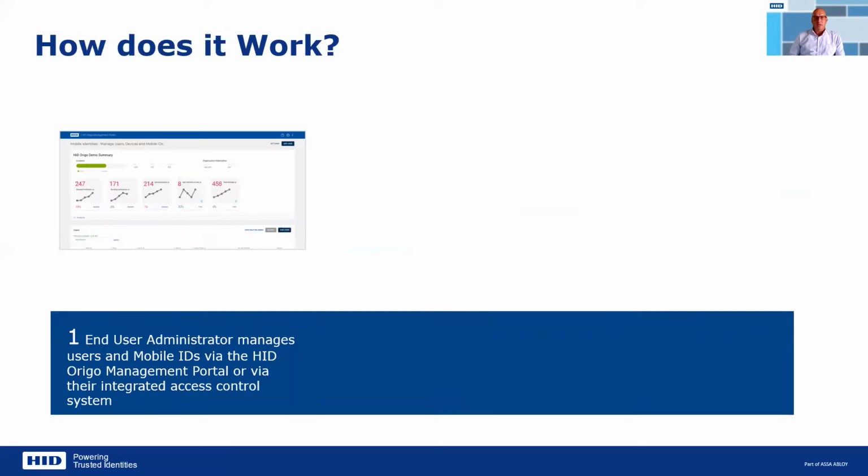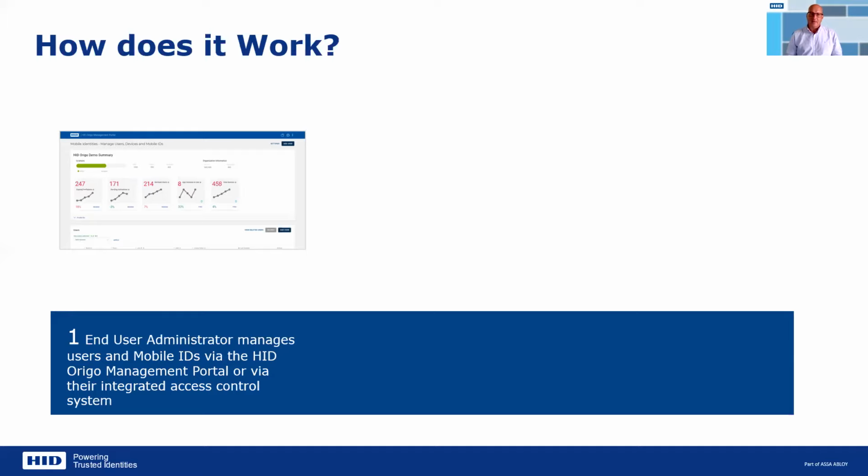So how does it work in case of HID mobile access control solution? We've got a cloud portal with the so-called Origo server that manages the digital identities, mobile access identities. End user administrators manage users and mobile identities on this management portal.